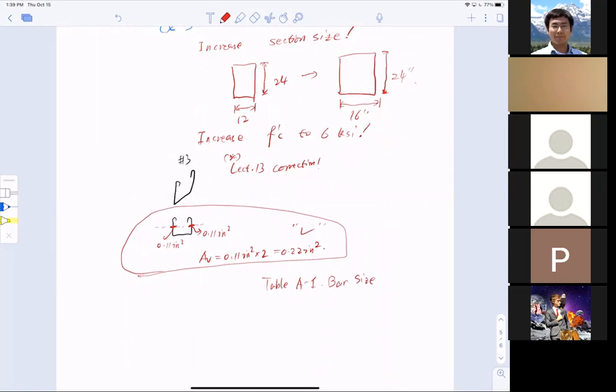So for number 3, in the bar table you have a diameter of 3/8, but the area is 0.11 inch squared. But you have 2 legs, right? It bends, so multiplied by 2, that is 0.22. You always have to do this. All right, let me stop the recording.